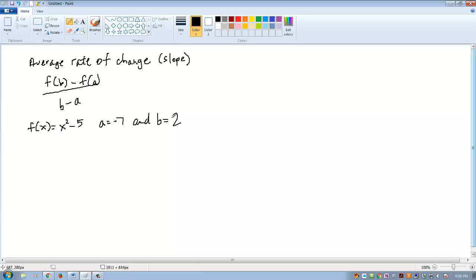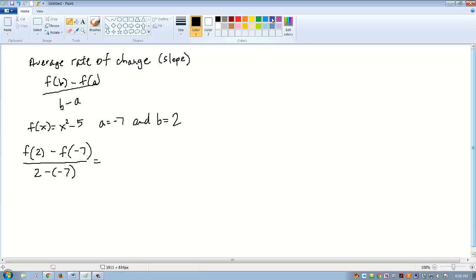Okay, so for this, first thing I want to do is I just want to fill in everything. So this is going to be f of 2 minus f of -7 over 2 minus -7. So probably a good idea would be to go ahead and find what f of 2 is.